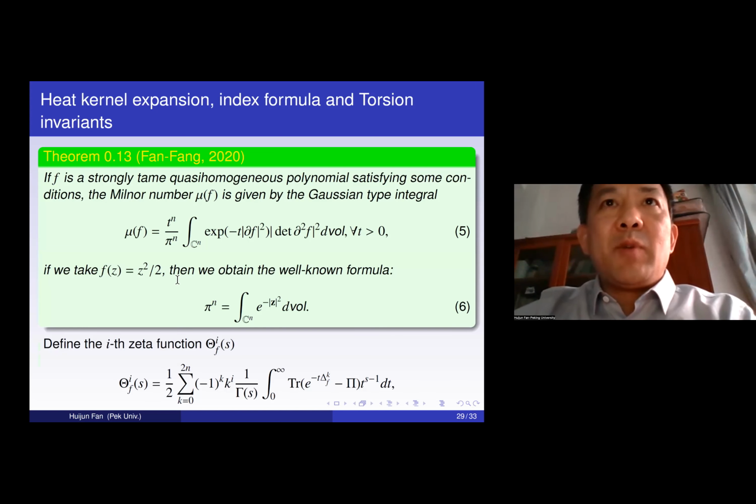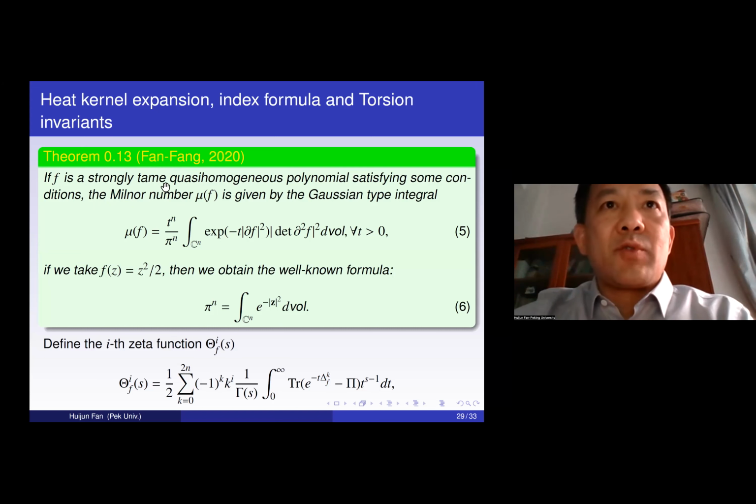But for the B model, the genus 1 case is also very important. Its conjecture is related to the discussion of torsion invariants. So with Fan Hao, we also proved the following theorem. This result is published in a journal. We have proved the following index theorem.